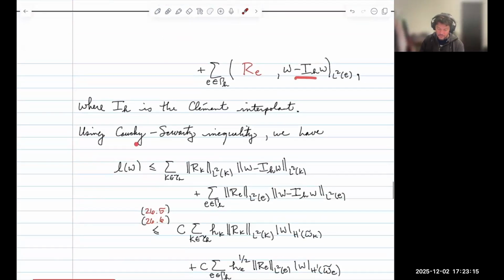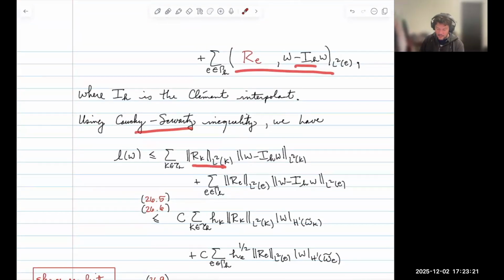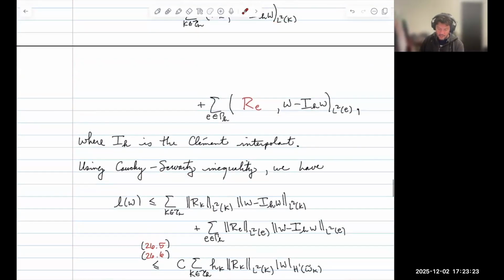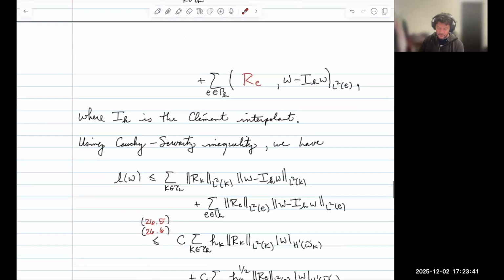Okay, using Cauchy-Schwarz inequality, you're just going to break up these guys individually. When I do that, I get the L2 norm of RK and I get the L2 norm of the error over each K. And the same thing at the boundary. I'm going to get an L2 norm of the edge residual and an L2 norm of the error in the Clément interpolant. That's just Cauchy-Schwarz.